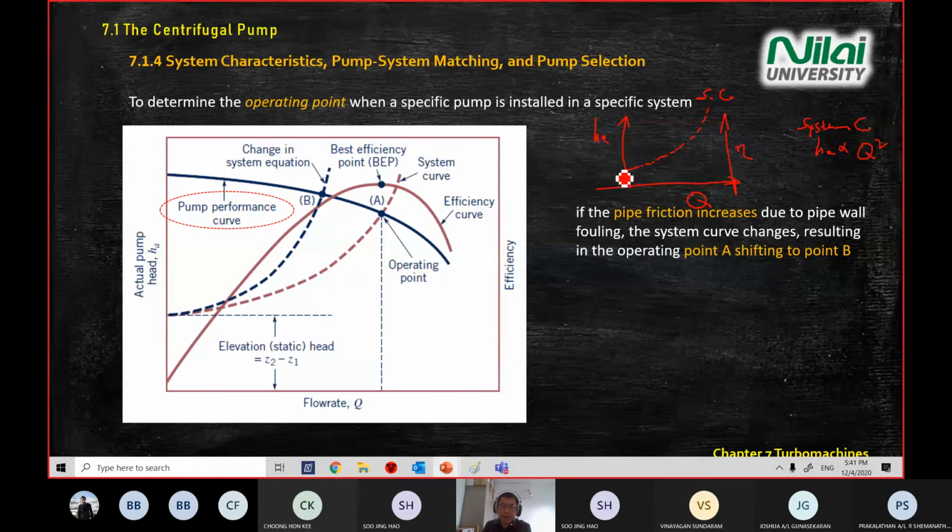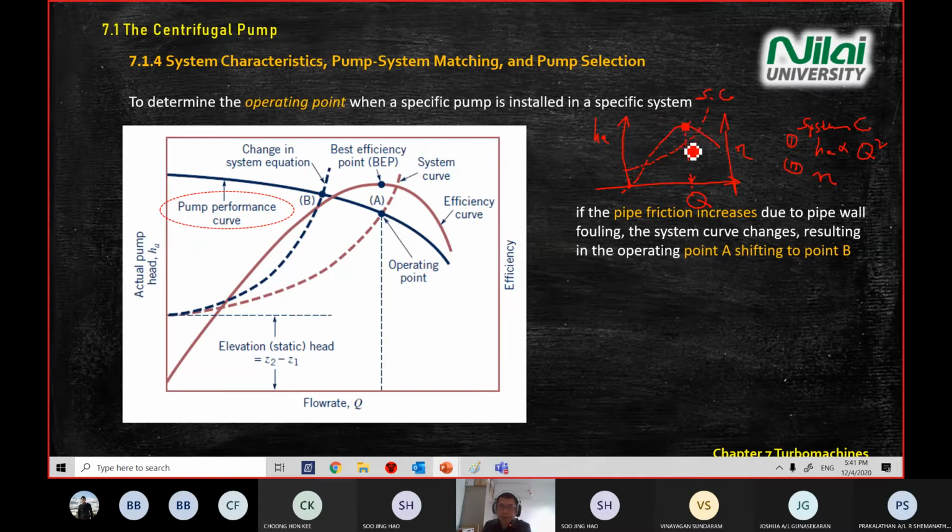After you plot it, the next line you look at is the efficiency line, which is always in this shape. This line, the red line, is the efficiency curve. The efficiency curve always has a peak point. Focus on that peak point, drop down, and we get our Q.